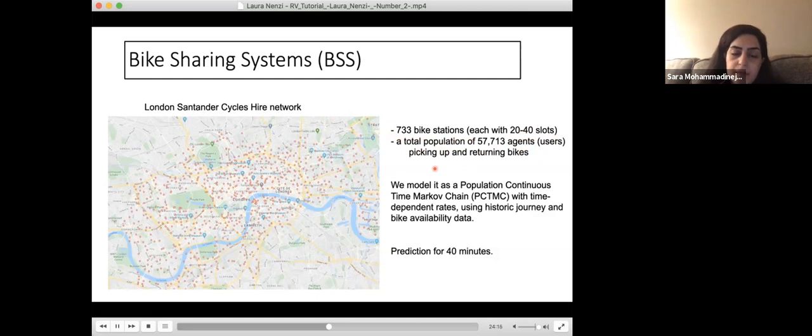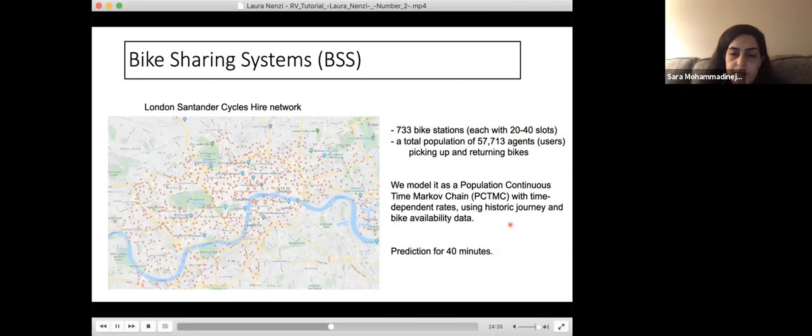We model it as a population continuous time Markov chain with time-dependent rates, and to fit the parameters of the system, we use historic journey and bike availability data.